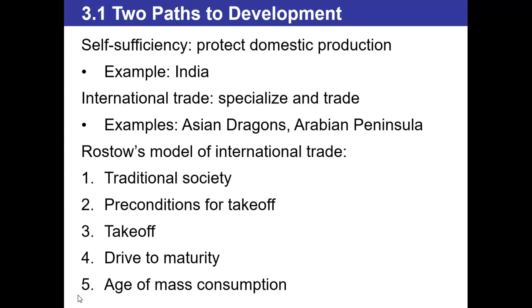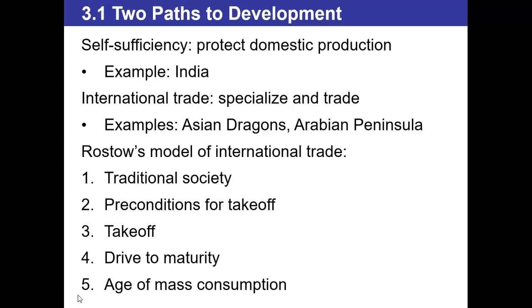Some international trade examples from the text include the four Asian dragons, which are among the first places to adopt the international trade path, including South Korea, Singapore, Taiwan, and Hong Kong. The next is the petroleum-rich Arabian Peninsula states.